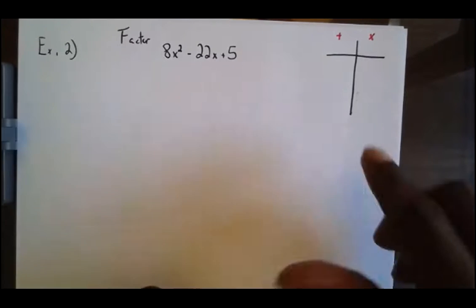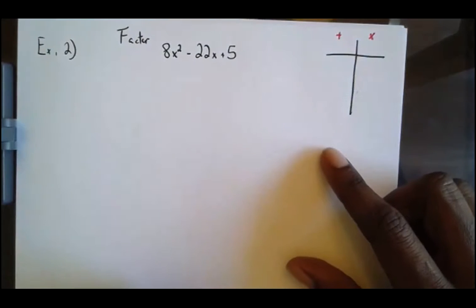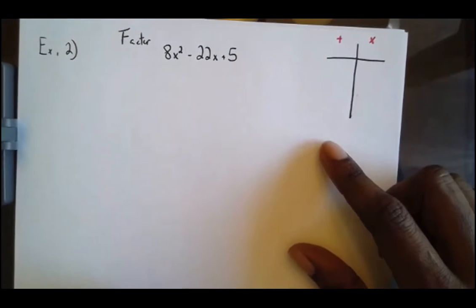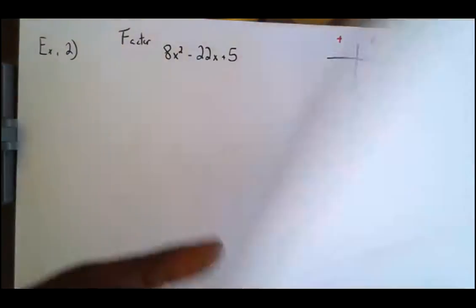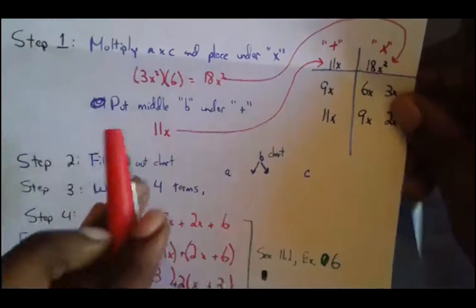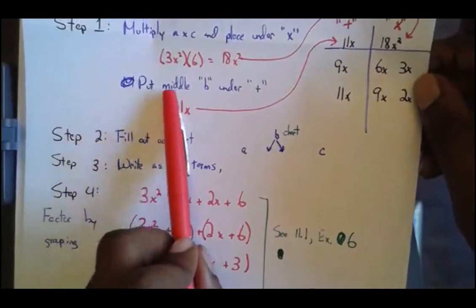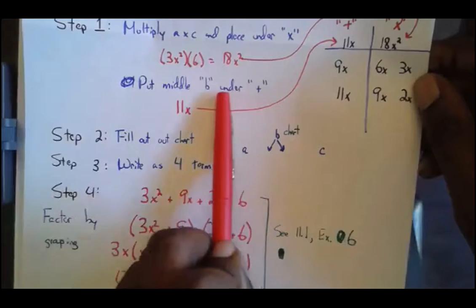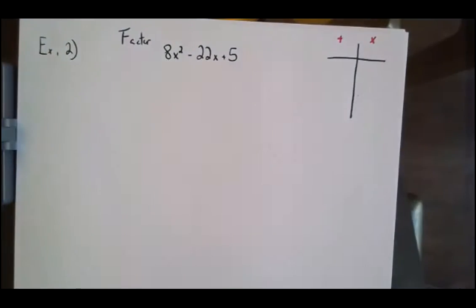Angela, go ahead and tell me what to put on the left side as well. No, remember the left side, underneath the plus sign, you see what it says here underneath the plus sign? So that's good.